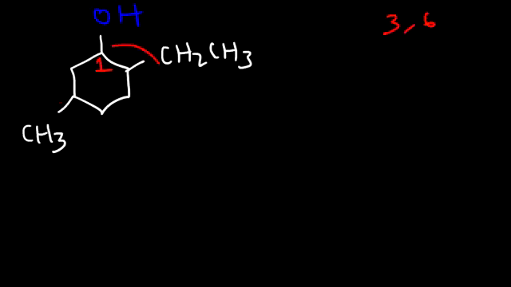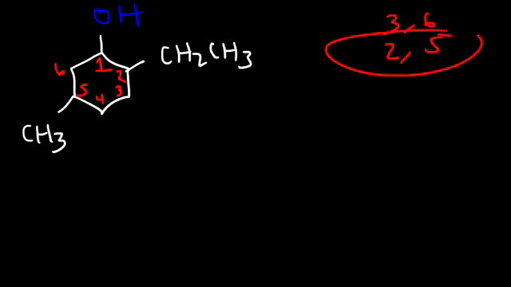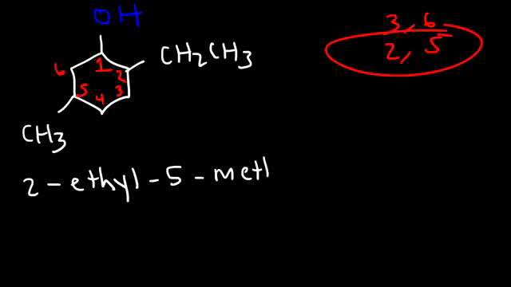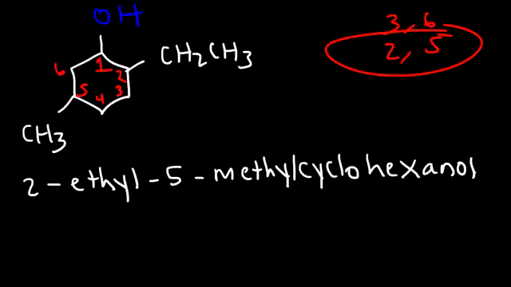But if we count in the clockwise direction, the ethyl group will be on carbon 2 and the methyl group will be on carbon 5. So 2 and 5 is less than 3 and 6. So we want to count it in that direction. So to put it all together, it's going to be 2-ethyl-5-methylcyclohexanol. And so that's it.